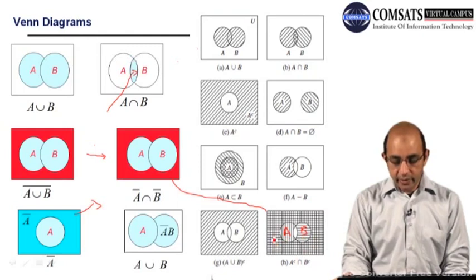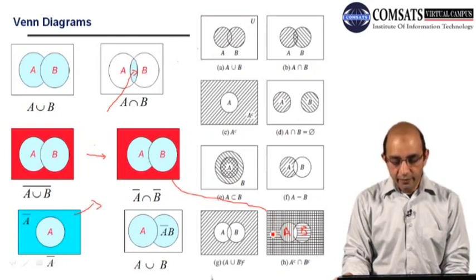Those horizontal lines are not passing through A, and the vertical lines represent B complement, and they are not passing through B. But they have their intersection, they are passing each other outside those two circles. So this is the area that represents A complement intersection B complement.